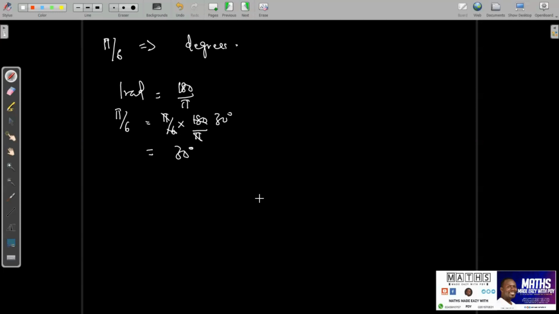We've been able to go through our objectives, dealing with the trig ratios for negative angles, and also converting angles from degrees to radians and from radians to degrees.